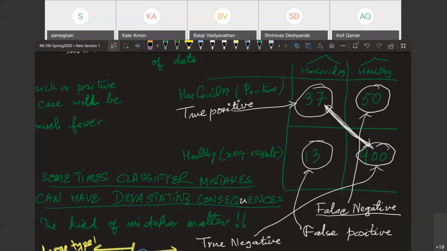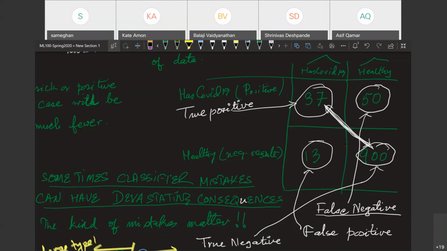In any problem, you need to first identify the baseline classifier over which you are trying to improve. Somewhat like in linear regression, you have the null hypothesis. In classification, you have the baseline classifier. Just find the majority class and always predict that. You're ignoring all the features. That's where the word zero R comes from.